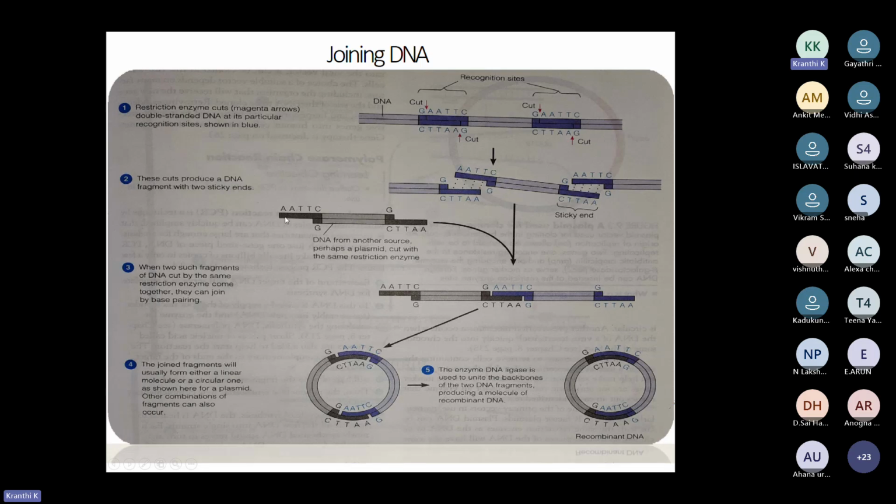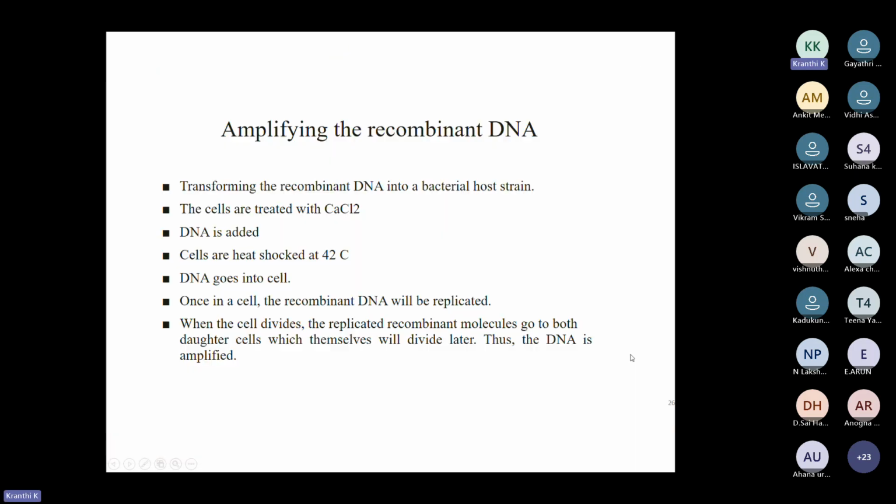And later, from the plasmid, also use the same enzyme. So in the plasmid also it will cut this part only. Then remove this part. Then take this plasmid and add the desired DNA in here. It will get attached by ligase. Then it is circled. So this is the recombinant DNA, joining the DNA.